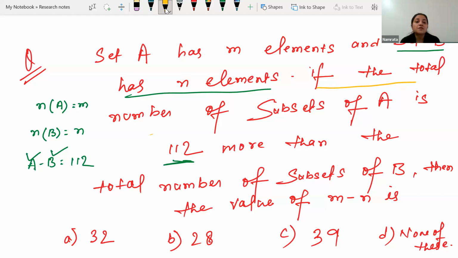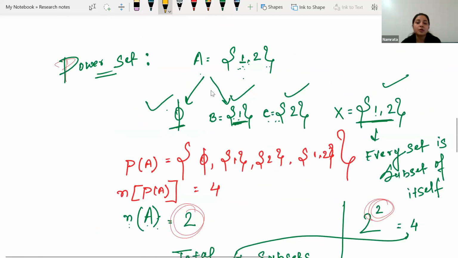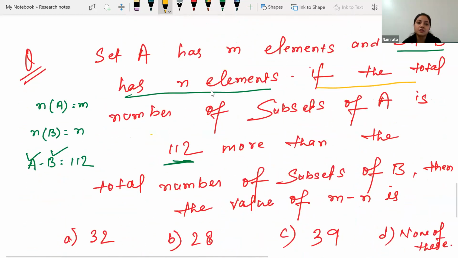The total number of subsets we have written as the power set, so total number of subsets means power set. So the total number of subsets of A is 112 more than the total number of subsets of B. That means it is talking about the power set of A and the power set of B.